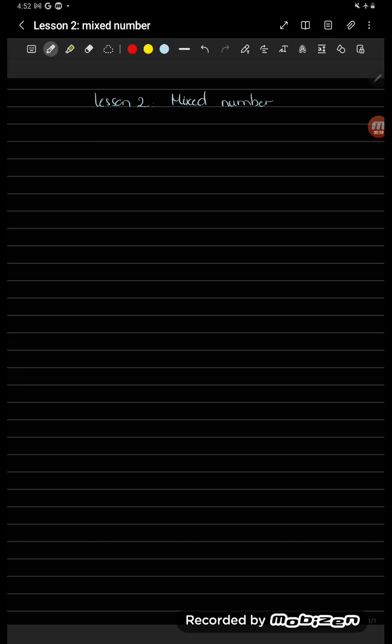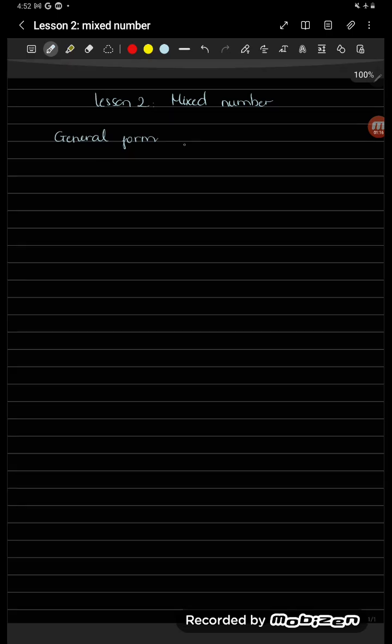So the way for you to recognize it, whenever you look at a number, a mixed number, and you see it has a general form like this, something similar to this, it is called mixed number.